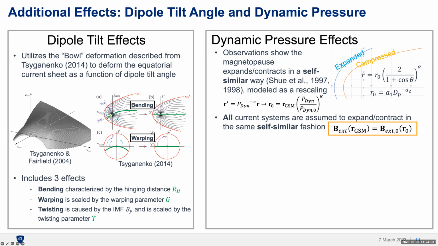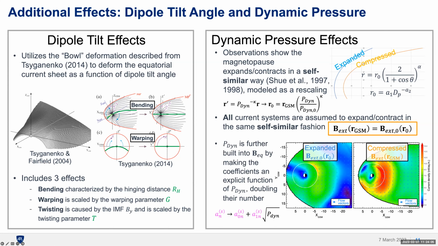And all current systems then get expanded and contracted. And to explicitly build it into the structure of the model, we replaced the amplitude coefficients here with this expansion as a function of the dynamic pressure explicitly. So this is how we account for dipole tilt and dynamic pressure effects in the model.